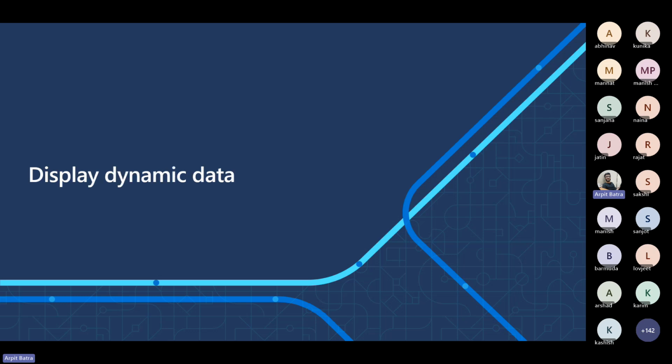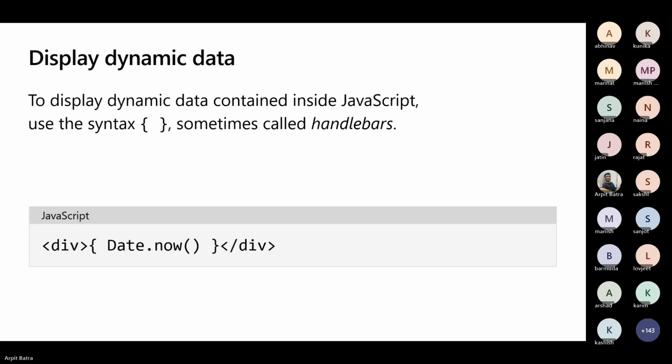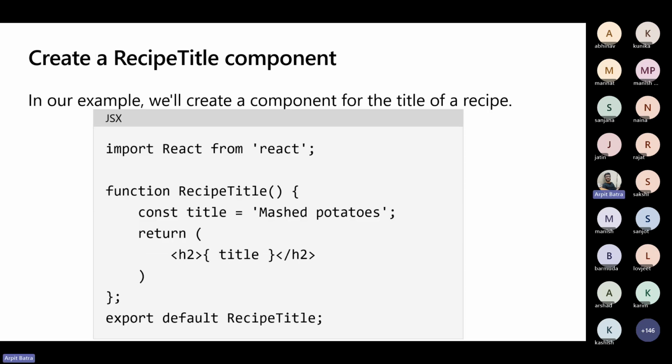First of all we have display dynamic data, and then we go for another thing. Dynamic data contained inside JavaScript uses a syntax sometimes called handlebars. Now we go for another exercise, that is create a recipe title component.